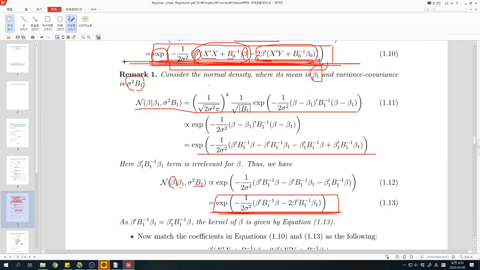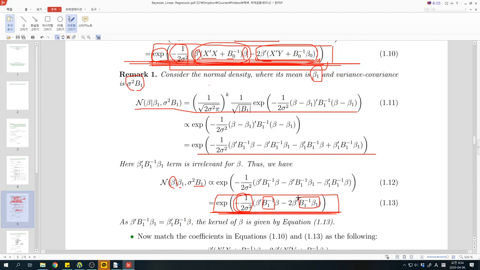You see that this term is the same: minus 1 over 2 times sigma squared. Here is beta prime, here is beta, and here is beta. So B1 inverse corresponds to what? B1 inverse should be equal to X prime X plus B0 inverse. And what about B1 inverse times beta 1?